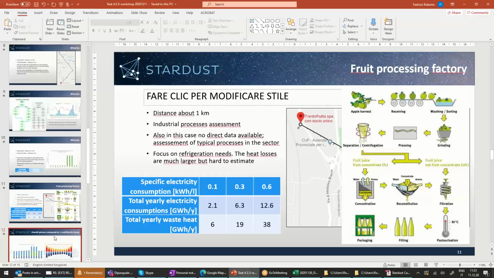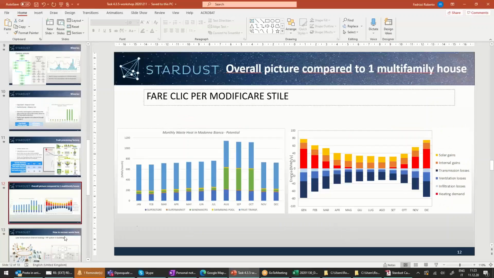Again, to give you an impression of what we are talking about, this is it. This is again the thermal energy consumption. Remember, 360 megawatt hours per year, and here's what you have from superstores, small supermarkets, wineries, over the year.